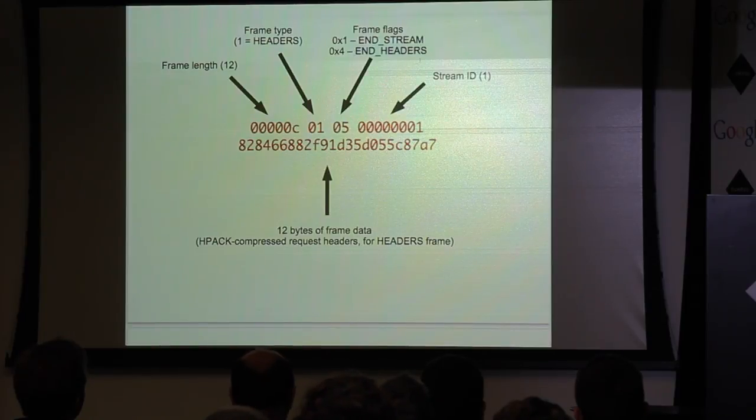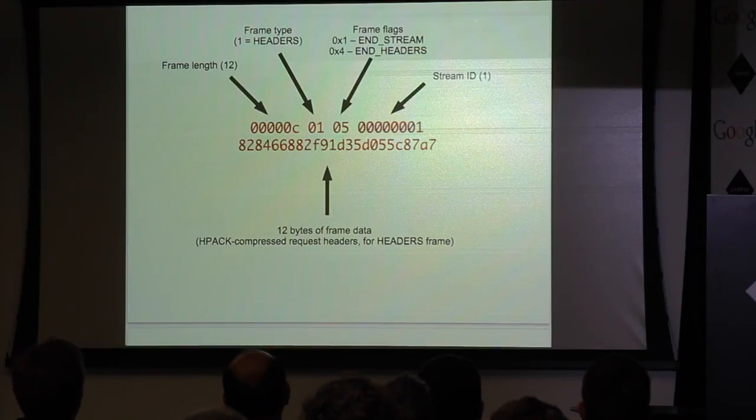And end headers means the HTTP request key value pairs fit entirely inside this, as opposed to overflowing the max length of a frame, which is either what could fit in a frame or what either side has negotiated as their max frame size. So sometimes you have to take the header and cut it up into multiple frames, and the final one says, I'm the end of the headers.